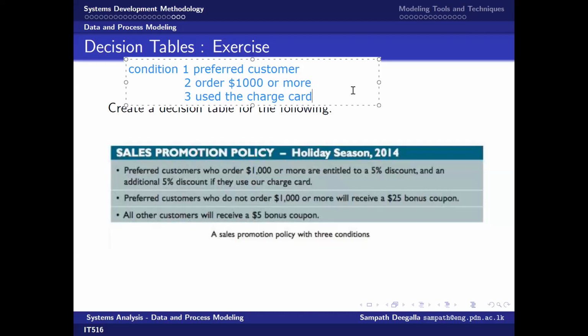Yeah, it should be 8 now, not 4, like what we did earlier. Sorry about my mistake. And then the possibilities we will get: 5% discount and bonus 5%, then 5% discount, $25 bonus, and then $5 bonus.